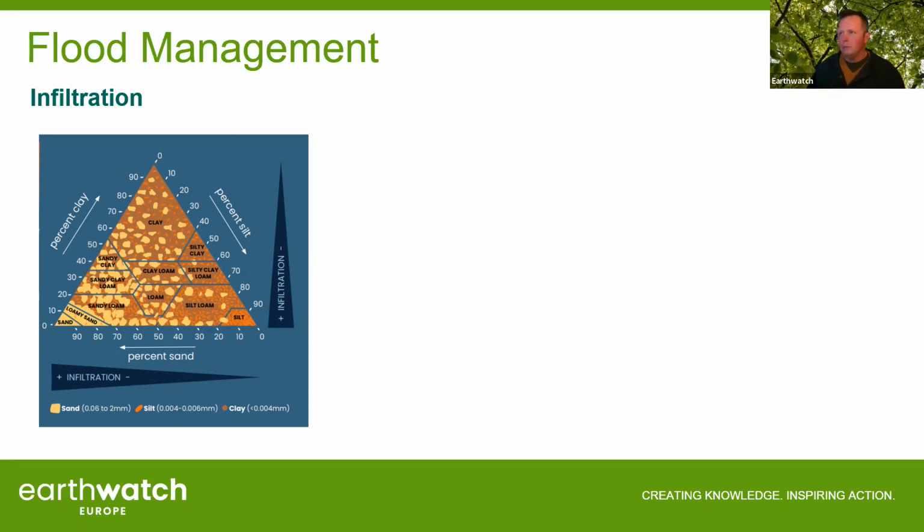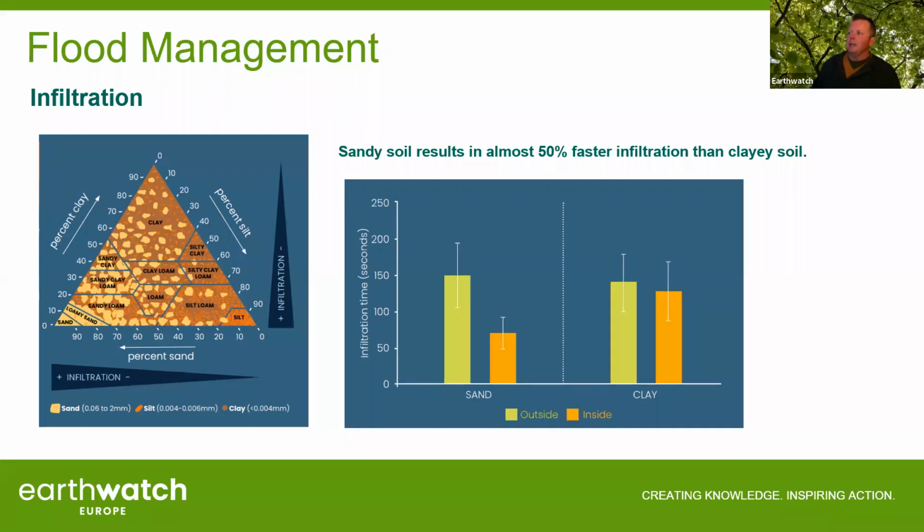So in order to understand the infiltration data, we have to understand what type of soil the test was taken in. This is now showing you the infiltration time for forests that were planted in sandy soils and those in clayey soils. The green bar is the outside the forest time, and the inside the forest is the orange bar. On this left-hand side, the sandy soils, you see a really dramatic improvement in the infiltration rate.